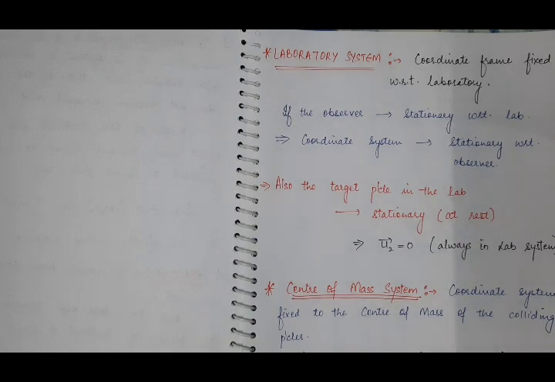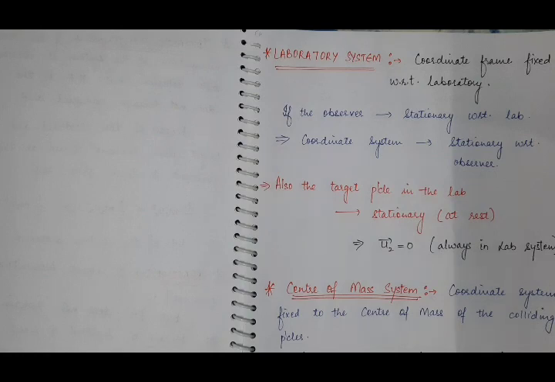Why? Because the incident particle will be moving, but the target particle will be placed in the lab. It means this target particle will be stationary with respect to the lab. And if the target particle is stationary with respect to the lab, it is stationary with respect to the coordinate system because it is fixed in the lab. Therefore, the target particle will be stationary with respect to the coordinate system.